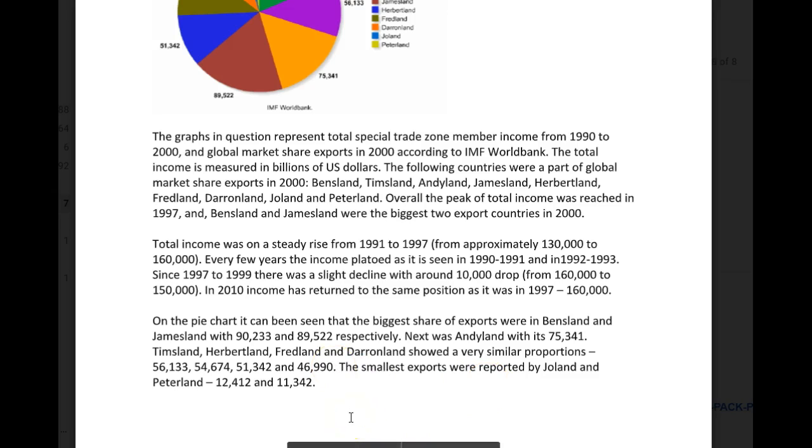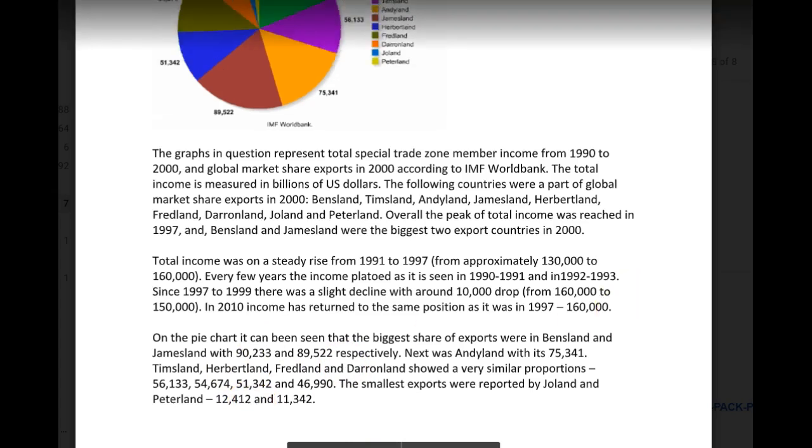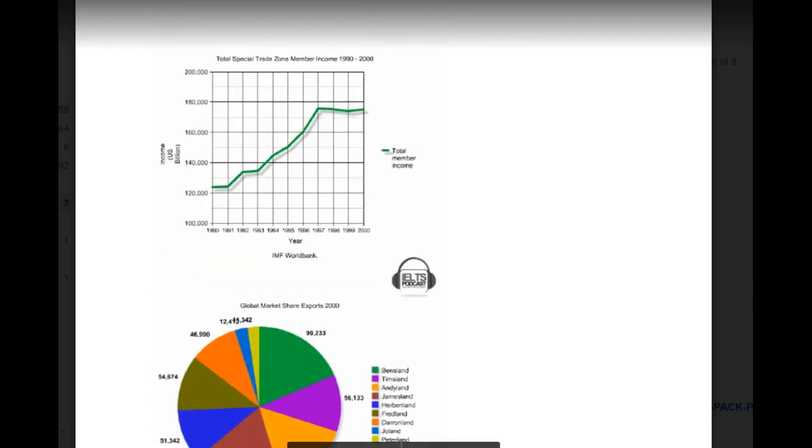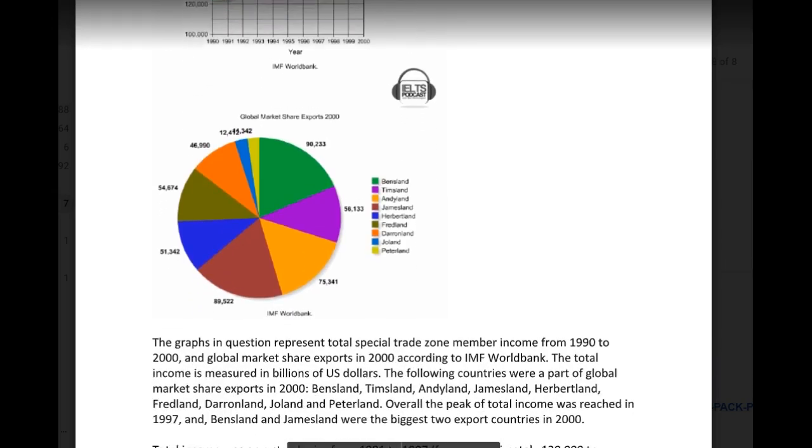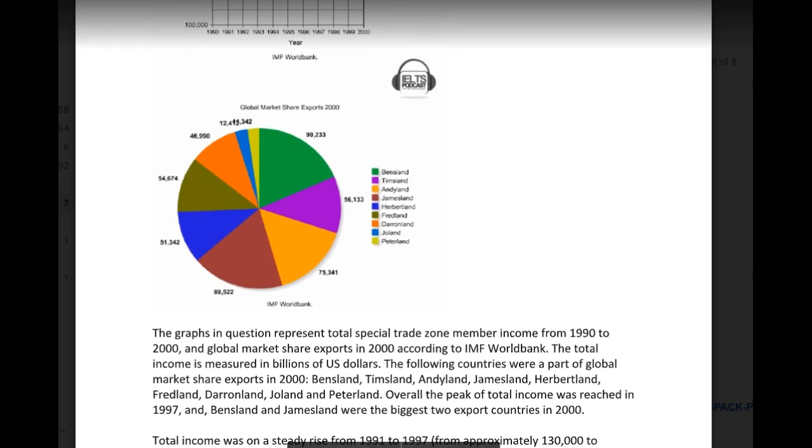All right. Now, this for me, even though, here's the thing. Let me tell you the good and the bad. The good is you've included all the key features. You've included a very good overview. So as far as task achievement is concerned, you've done a good job.